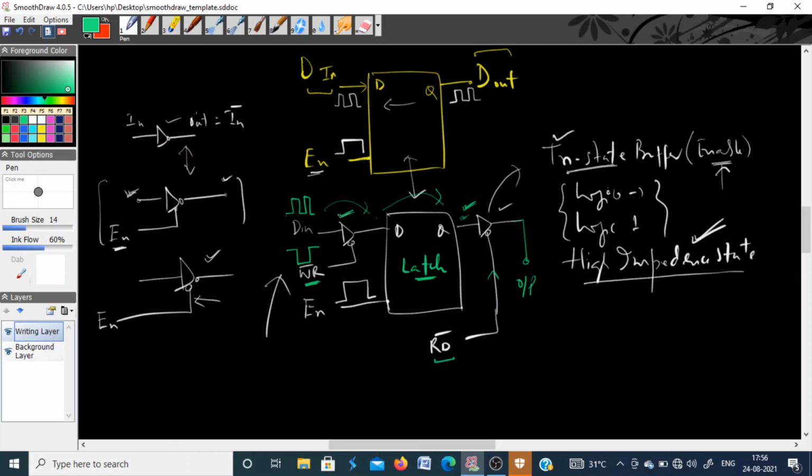So in between, if there is some change in the input and due to that the output changes, of course that does not matter because it does not appear at the output unless and until this read signal is activated. So this is a basic single bit storage device, which is called a D flip-flop.